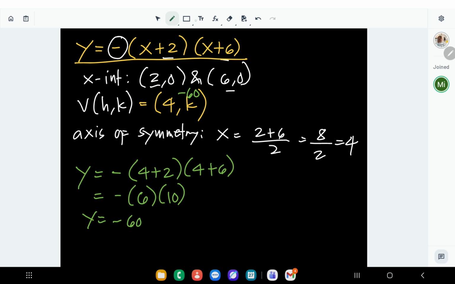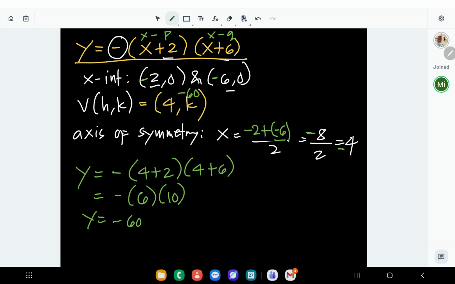Okay. I made a mistake with the x-intercepts, because the equation in factored form is (x minus p)(x minus q). So this should be negative, okay? Yeah, sorry about that. So it should be negative 2 plus negative 6, and this is negative 8 over 2, so negative 4.